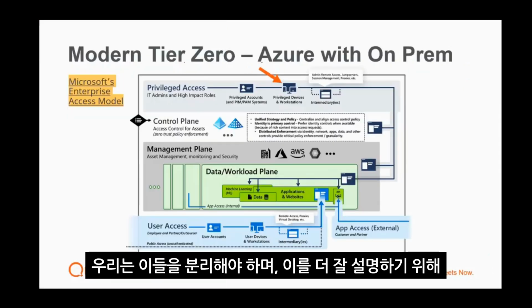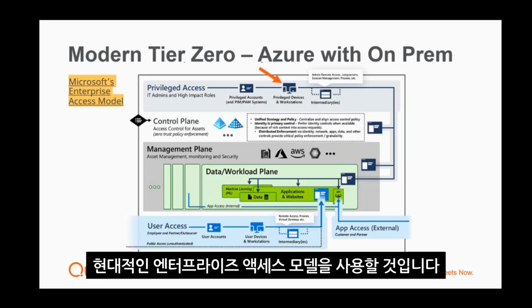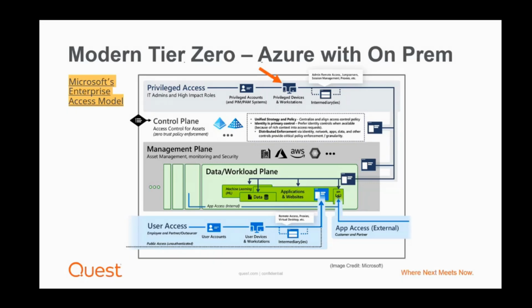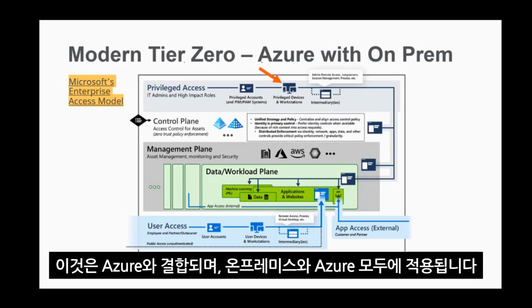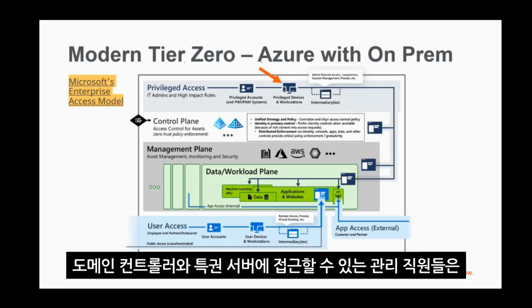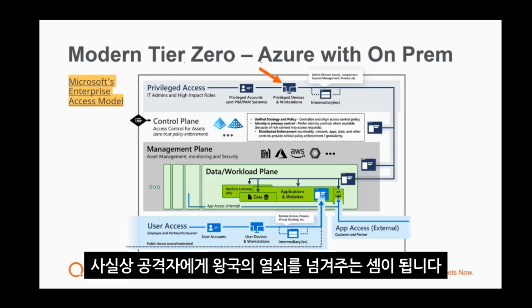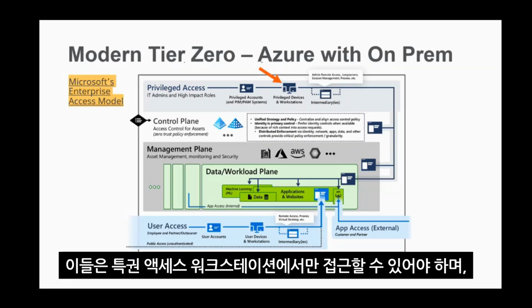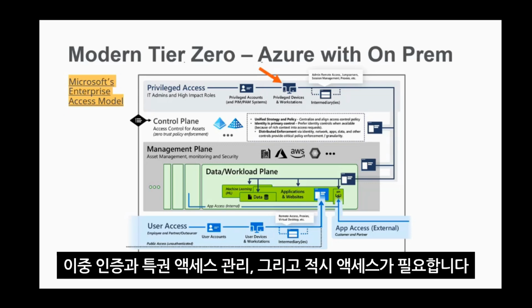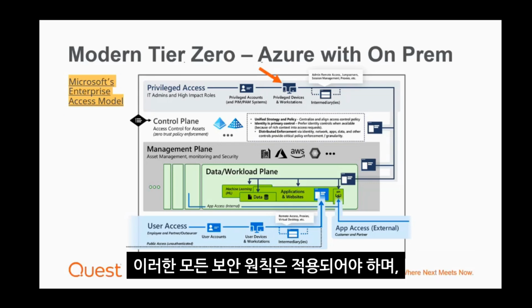And to talk about that better, we'll use their modern enterprise access model. This is combined with Azure, but it relates to on-prem and Azure, where my administrative staff, people that have access to domain controllers and privileged servers, ones that if they were taken over or accessed could essentially give the keys to the kingdom to the attacker, need to be only accessed on privileged access workstations, and there should be two-factor, and there should be privileged access management, and just-in-time.